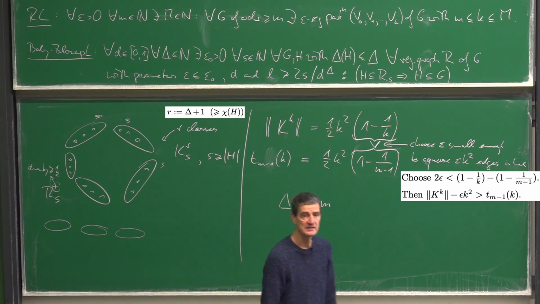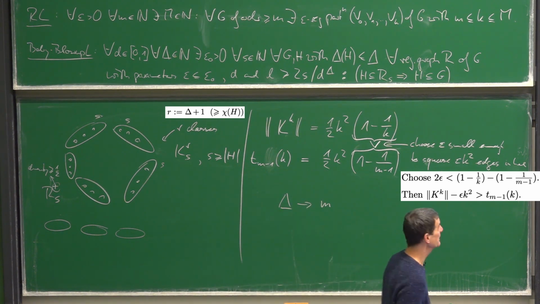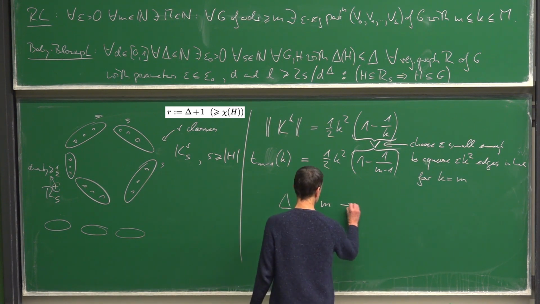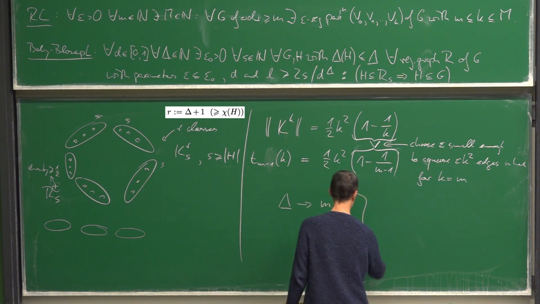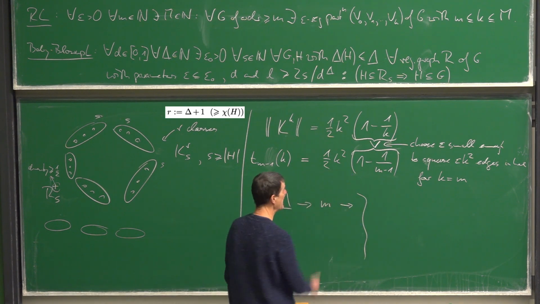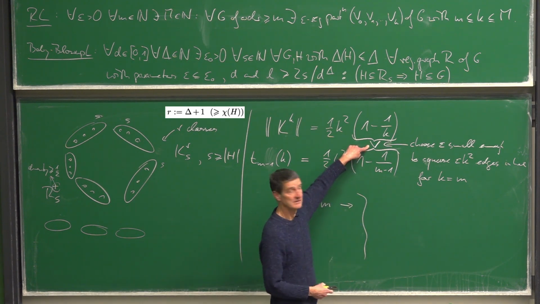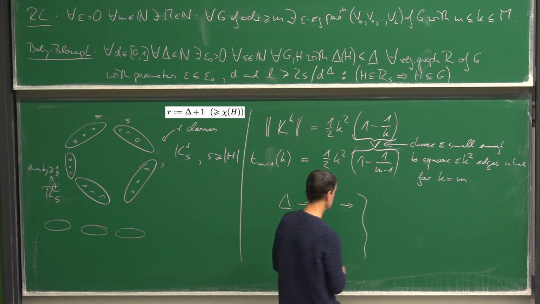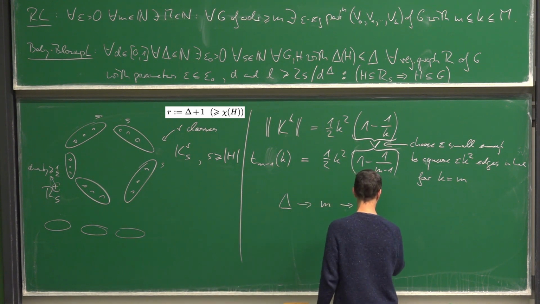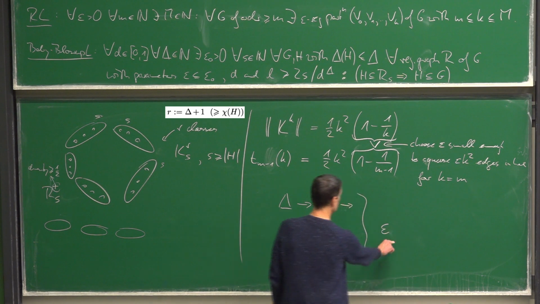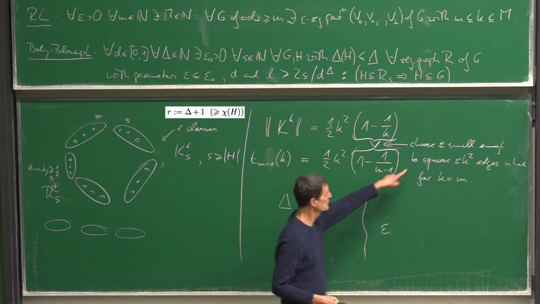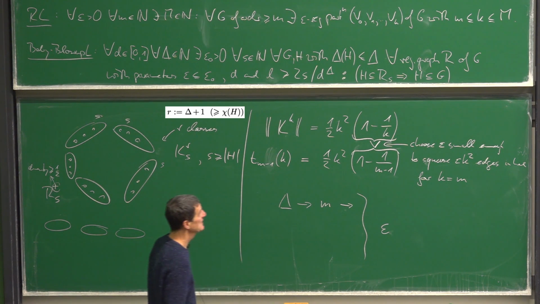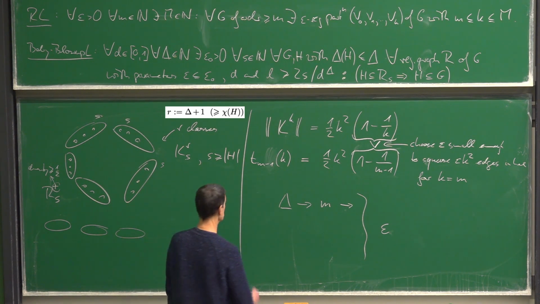Little m is the Ramsey number of delta plus 1, and this little m defined this gap, and the gap was all we needed to know in order to choose our epsilon here, but epsilon, of course, also has to be small enough for the blowup lemma to work.